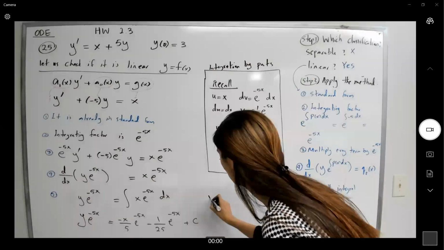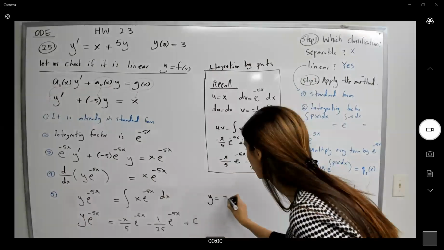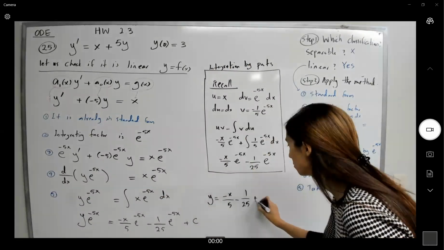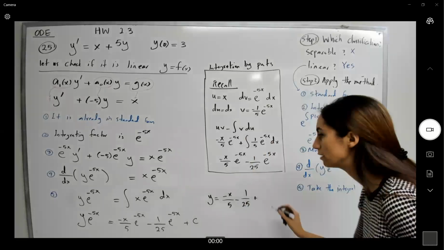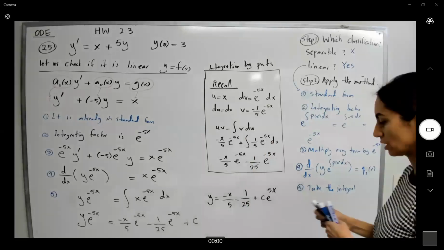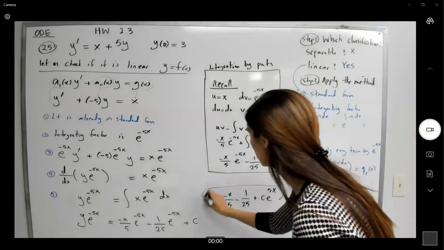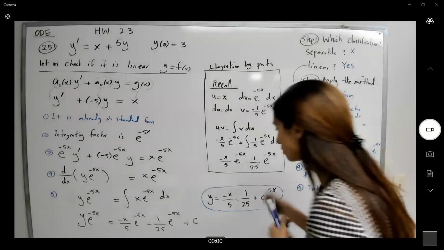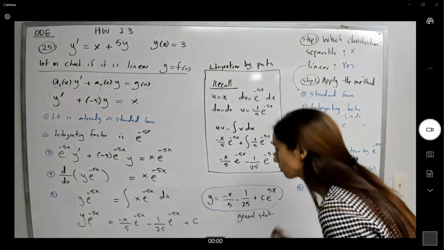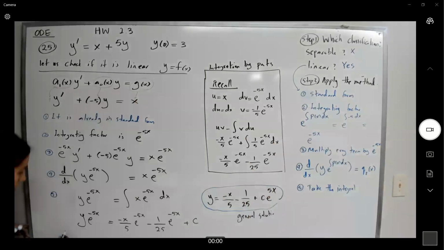Now y is equal to negative x over 5 minus 1 over 25 plus c divided by e to the power negative 5x, which is c e to the 5x. This is the general solution for this differential equation. Here we just divide by e to the negative 5x and get the general solution.